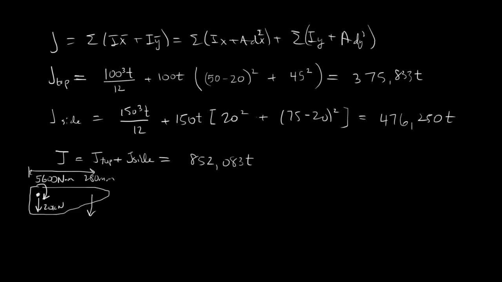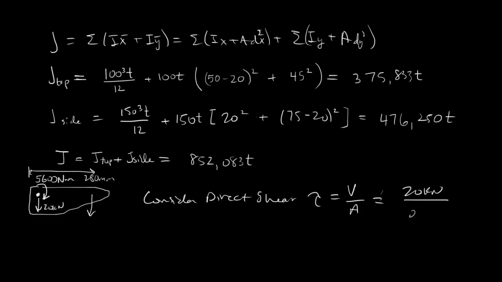So we need to also consider the direct shear. So we have to consider the combined load for direct shear, and the direct shear is just the shear stress, tau, which is V over A, and that direct shear is going to be 20 kilonewtons over the area, which is 100 times t plus the 150 times t, which is 250 t, and that gives us 80 over t.